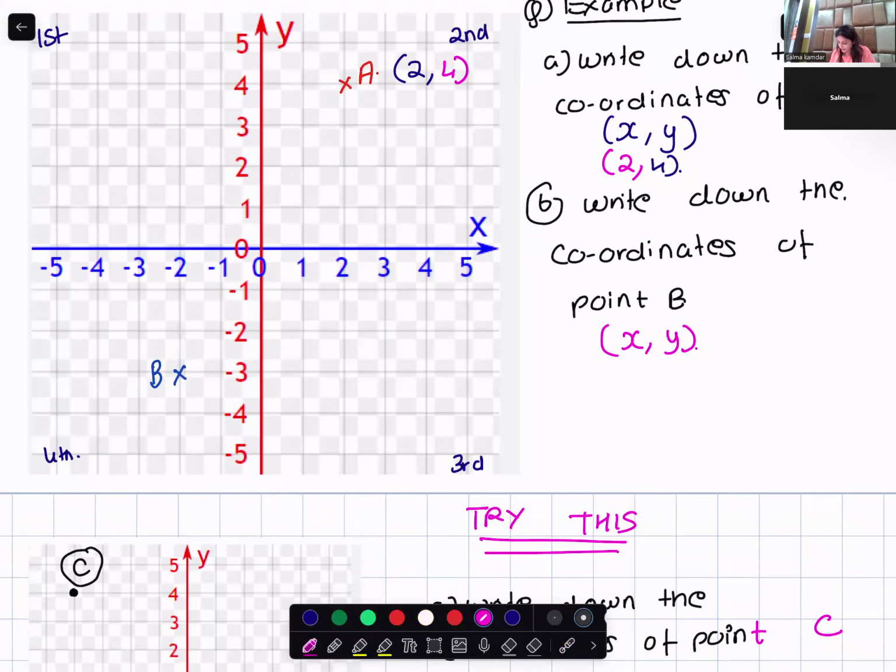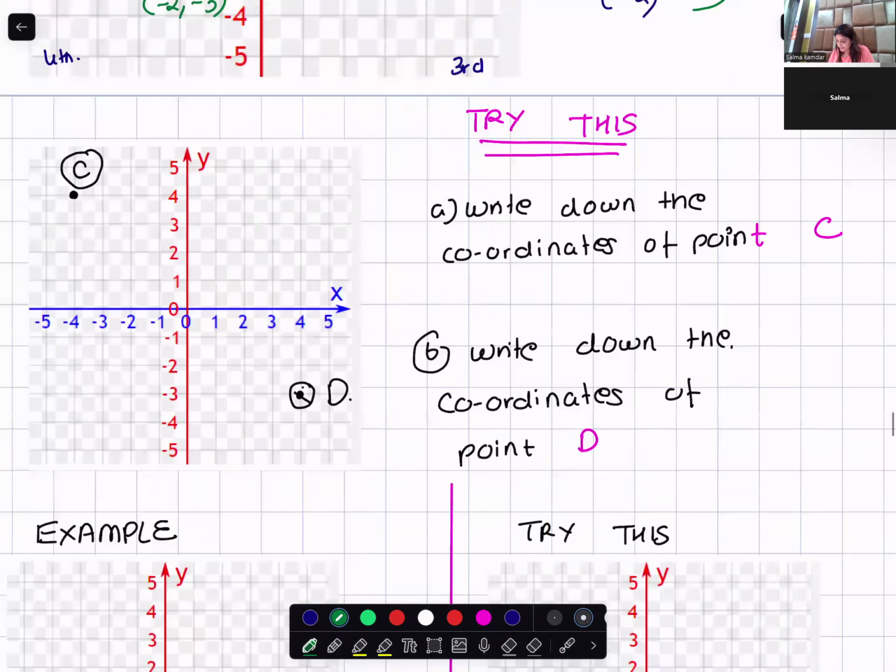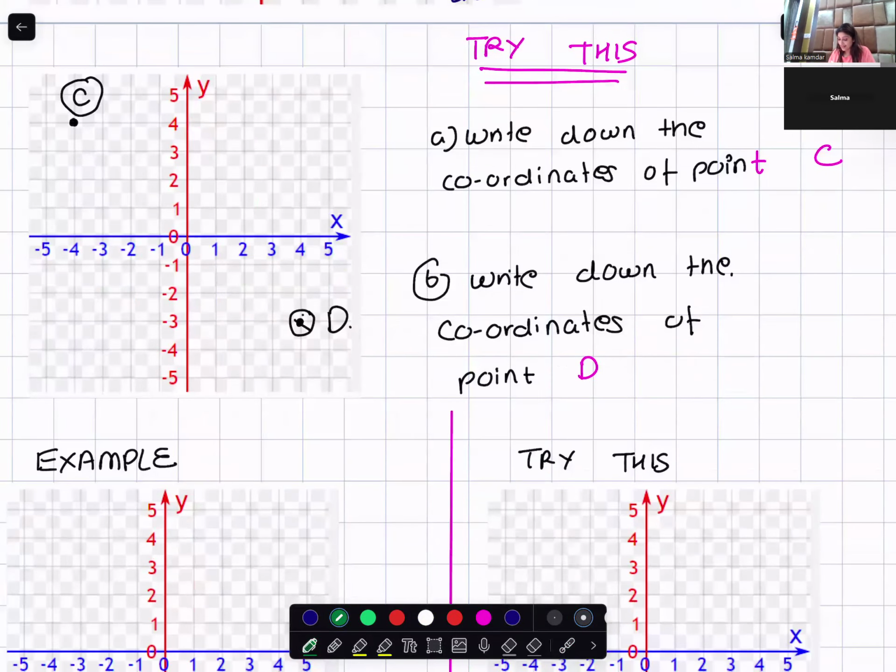So the x coordinate is -2. The y coordinate is -3. So it is -2, -3. Now try this. Pause the video and try it.